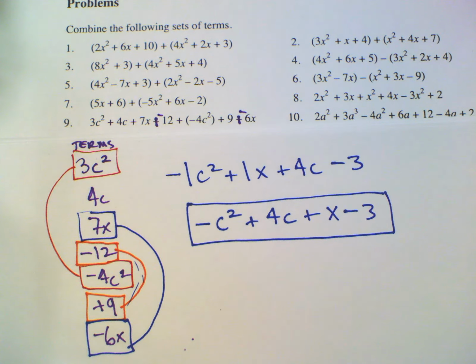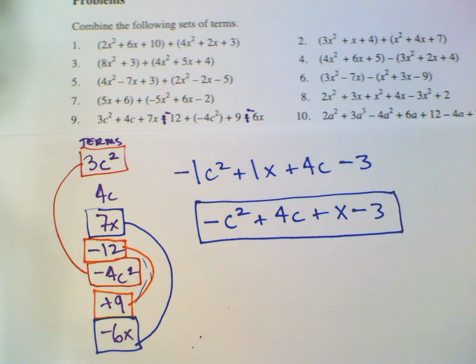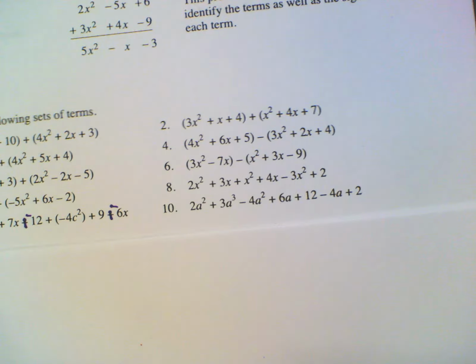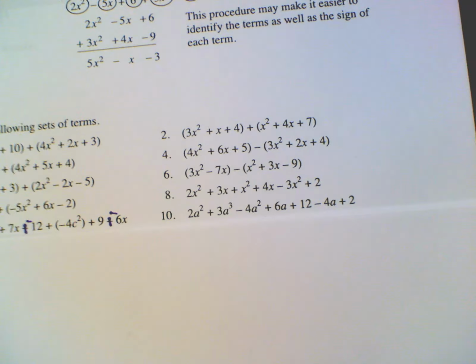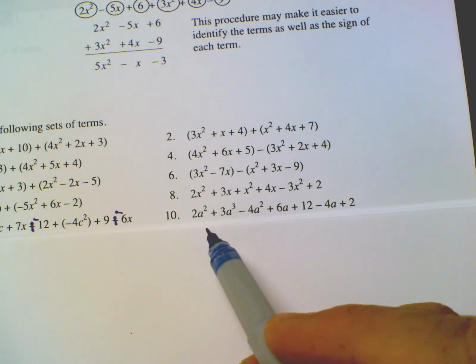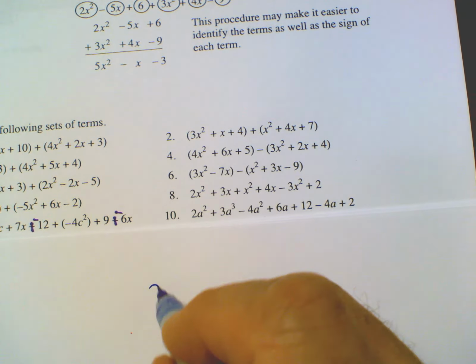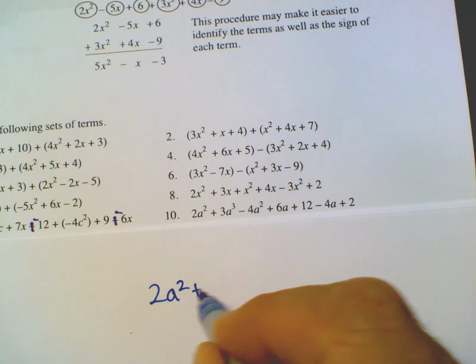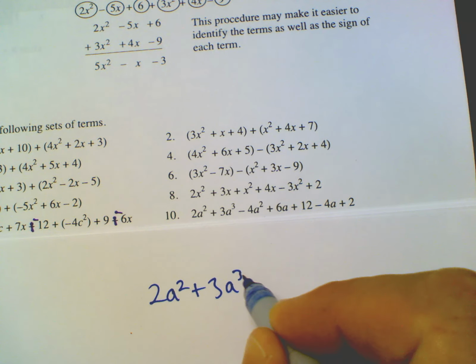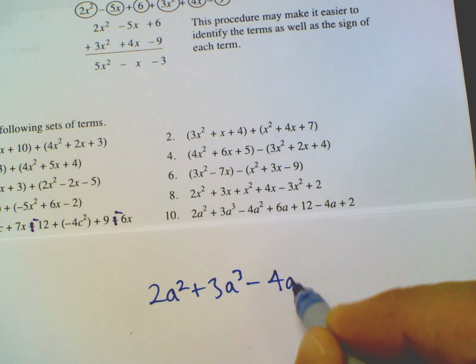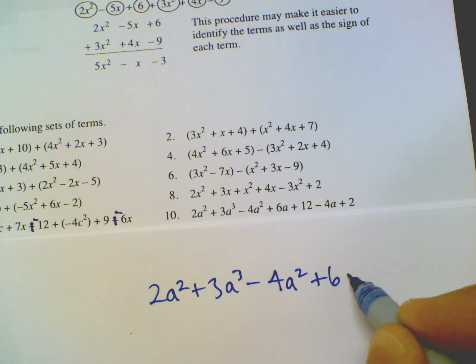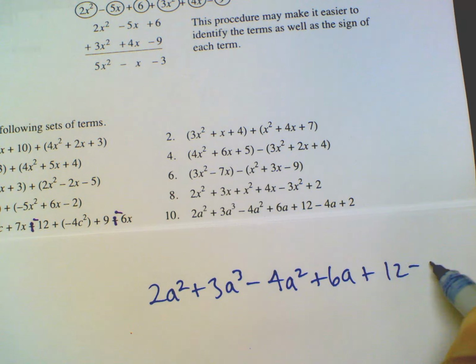All right, let's take a look at number 10. Again, I'm going to rewrite this problem because I want to show another way to organize the terms if you wanted a method of combining like terms.